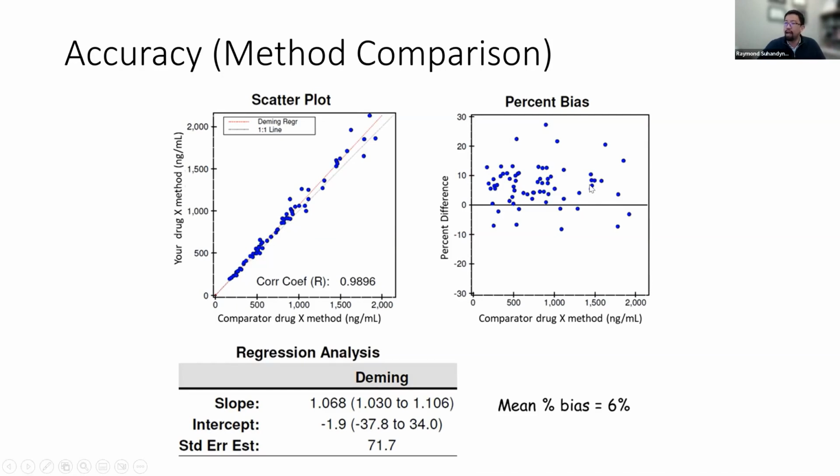Some methods will have a bias, and that's okay as long as you understand the bias. And that's particularly important if you're using two different labs in the same study. If you're getting lab results from both labs and you're comparing the results, you may want to understand the bias.